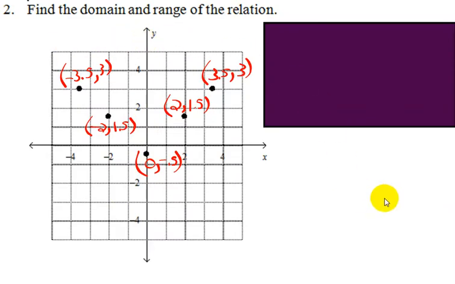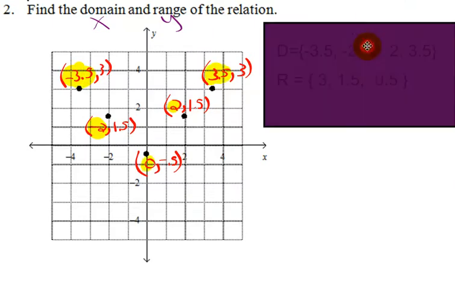Number 2 says find the domain and range of the relation. Well, domain is just our x values, and the range is our y values. These are just points, so you're going to get all the coordinate points for all 5 of these. Your domain is just your x values: negative 3, negative 2, sorry, that's negative 3.5, 3.5, and 0.